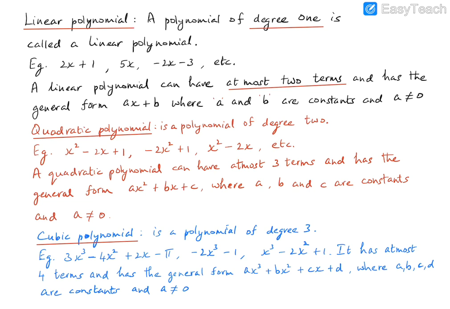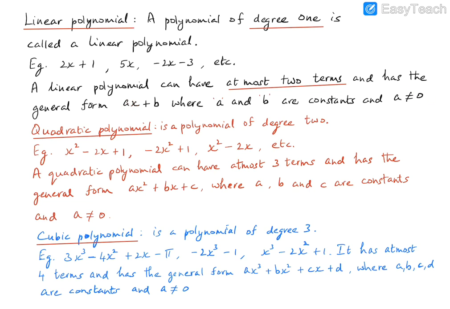Therefore, the condition is that a and b are both constants and a is not equal to 0. That is, the coefficient of the highest power must not be 0. Otherwise, the degree will become less than that particular power. We want the polynomial to be of degree 1, so the coefficient of x power 1 must be non-zero.